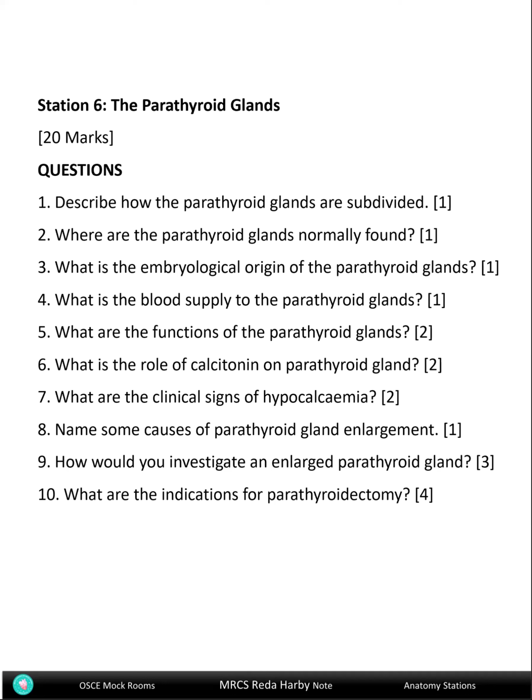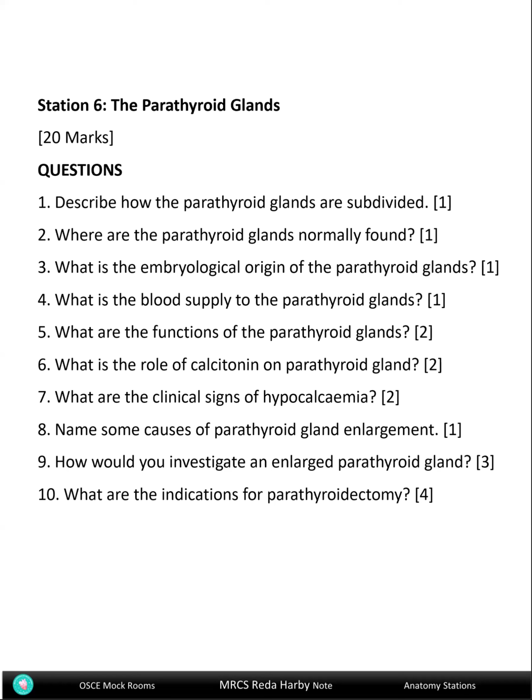Okay, so I will start with the first question for you. How are the parathyroid glands subdivided? For me, obvious. For anyone. Okay. Parathyroid is 4 glands, 2 on each side, posterior to the thyroid gland, and this is subdivided.